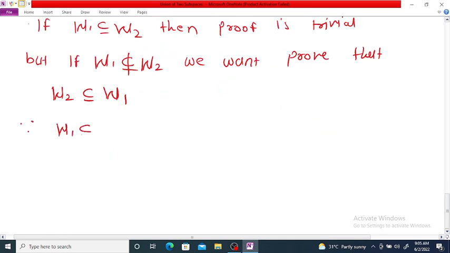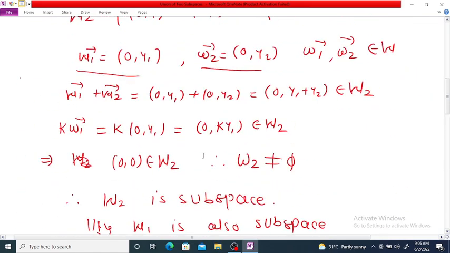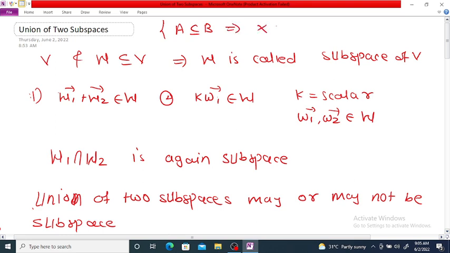Now how to show that A is a subset of B? To show that A is a subset of B, if x belongs to set A, then x belongs to set B. If every element of set A is an element of set B, then we can say that A is a subset of B. So this is the condition.